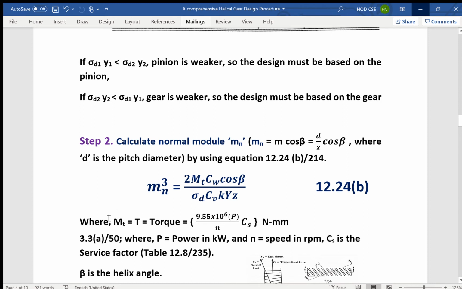Once again, torque Mt, also denoted by capital T, is equal to 9.55 into 10 to the power of 6 into P, that is power, divided by speed N into Cs. Cs is the service factor. This gives the torque in Newton millimeter.